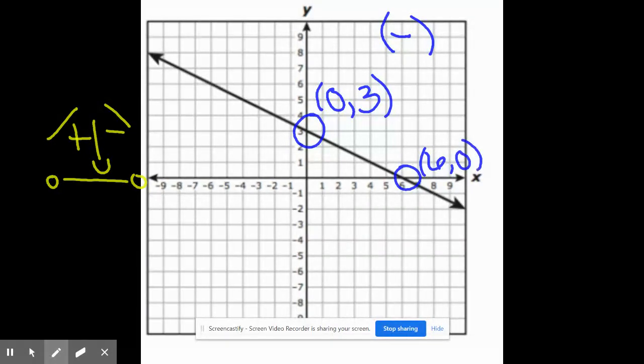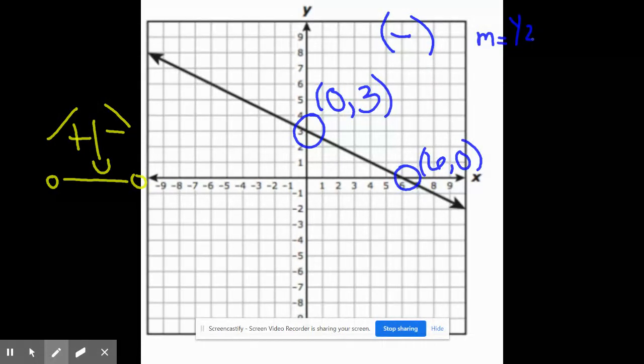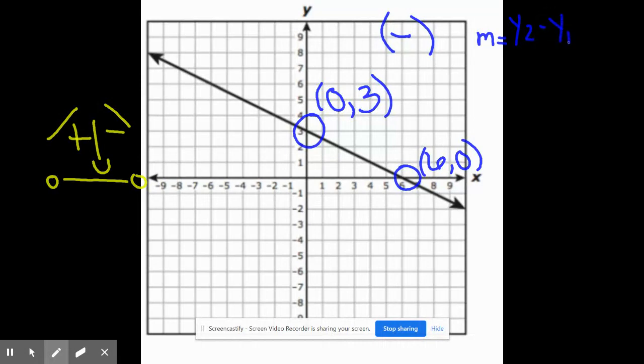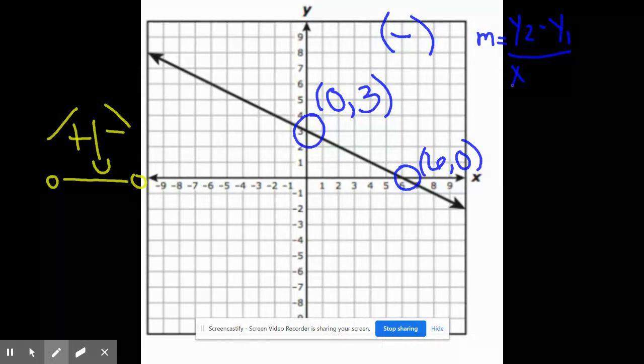Remember, our slope formula is m equals y2 minus y1 over x2 minus x1. All right, so we're going to go ahead and label. We'll label the (0, 3) as x1, y1, and (6, 0) will be x2, y2.